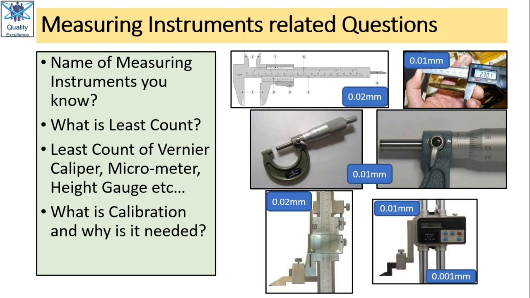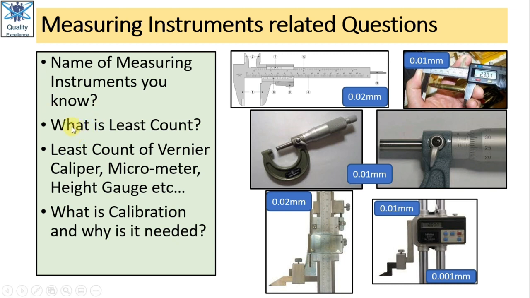This is vernier caliper. This is conventional or standard vernier caliper. This is digital vernier caliper. These are conventional or standard micrometers. This is conventional or standard height gauge, and this is digital height gauge. So these are some of the instruments. If you are aware of other instruments, you can give the names of other instruments also.